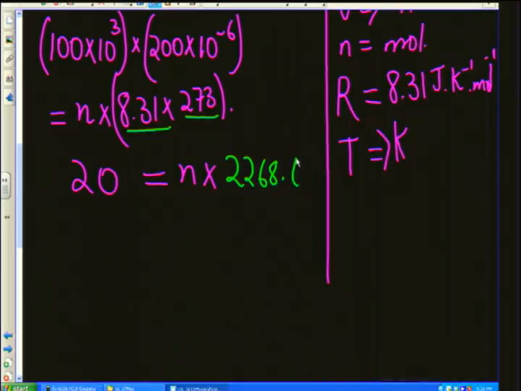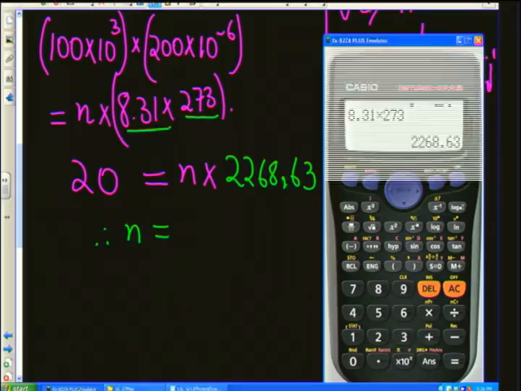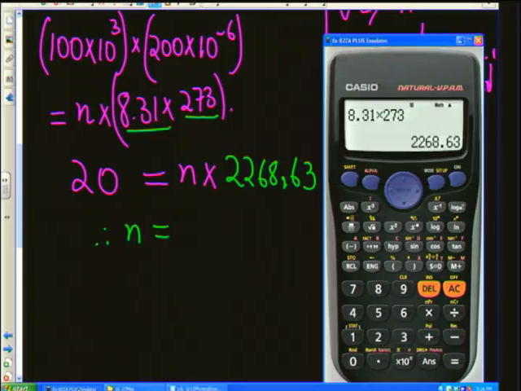2268.63. Now, the number of moles equals 20 divided by 2268.63. And what is that?